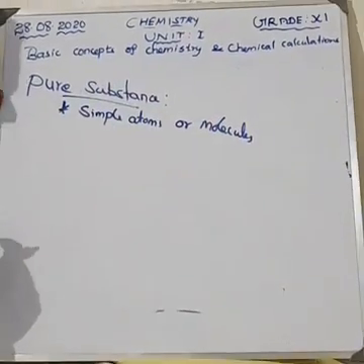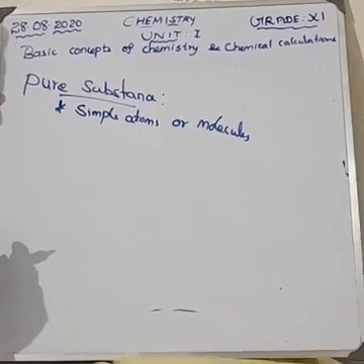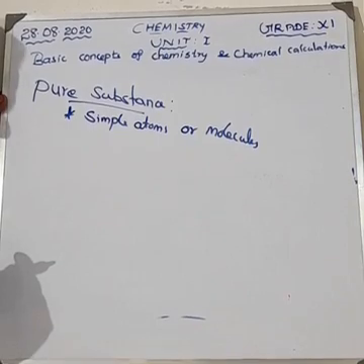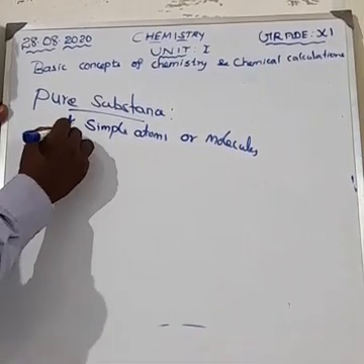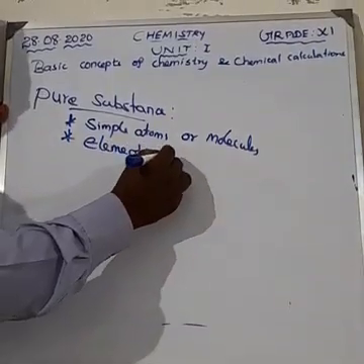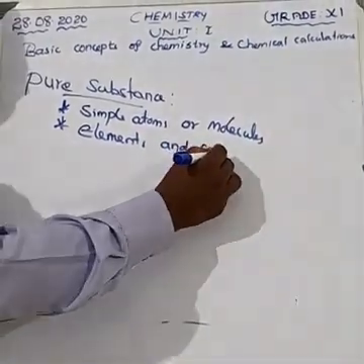What are pure substances? They are composed of simple atoms or molecules. They are further classified into elements and compounds.